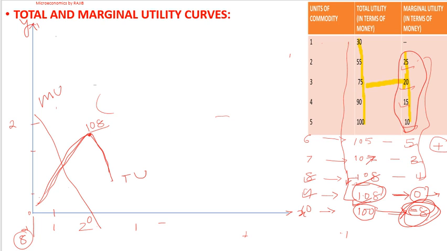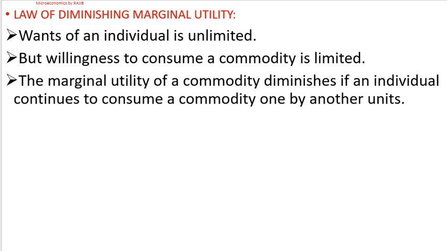If you understood this, then only will you understand whatever is in the next PPT. In the next PPT we have the law of diminishing marginal utility. Some points are given. Wants of an individual are unlimited, but willingness to consume a commodity is limited.